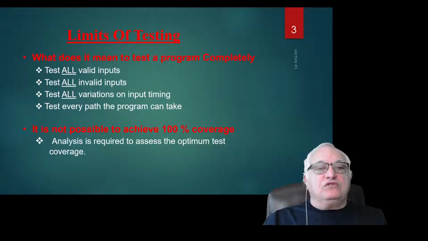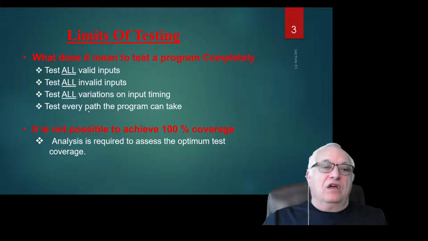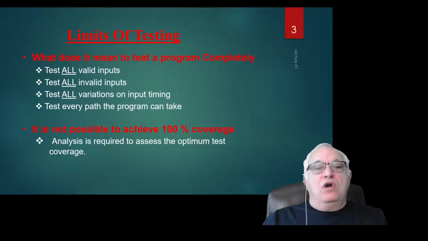You're going to test also all the variations of timing and test every path the program can take. So what this means is that you cannot test your software 100%. So you need to come up with some kind of a strategy to see what test cases you're going to prepare to test your software.